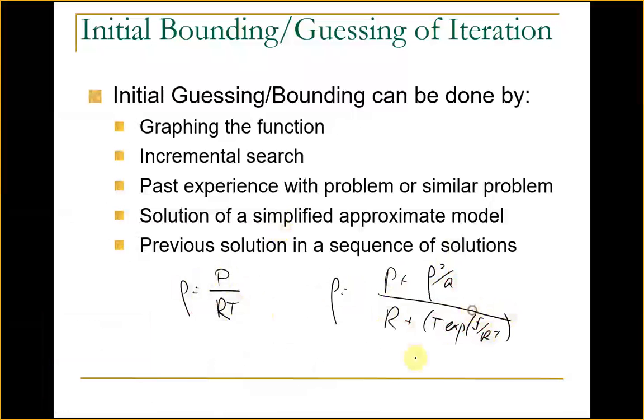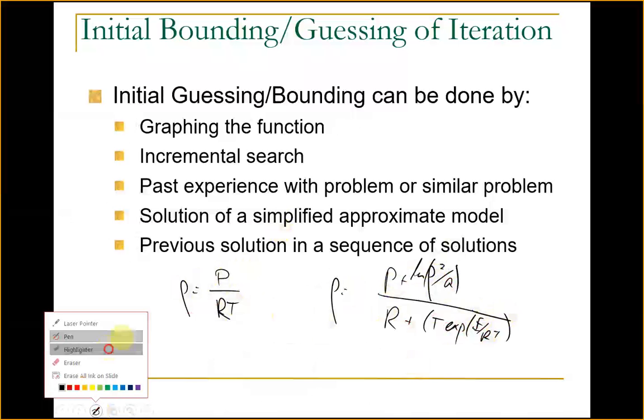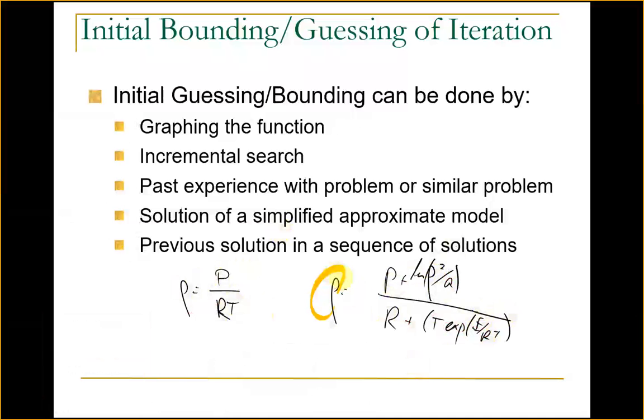I'm just giving you some complex thing, and let me make it a little bit more complicated. Now you need to solve for this density. You can't solve this expression for density, it's too complex. Understand? So that's why we would use iteration.